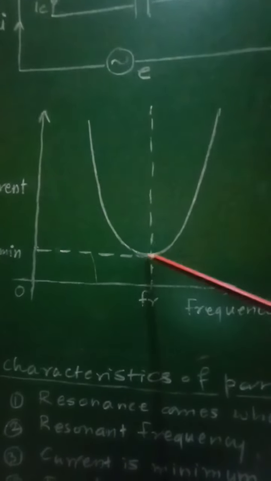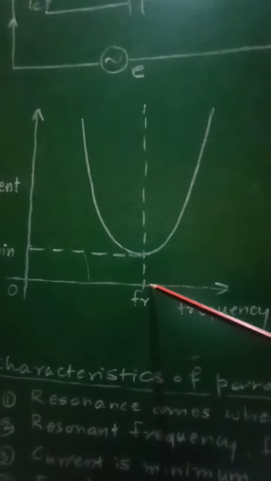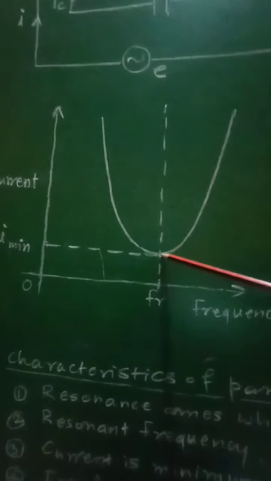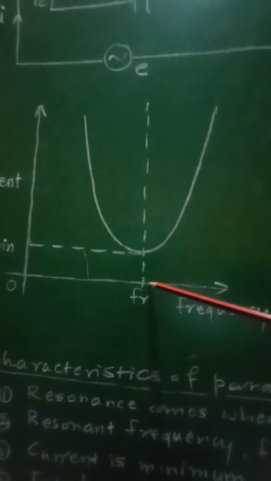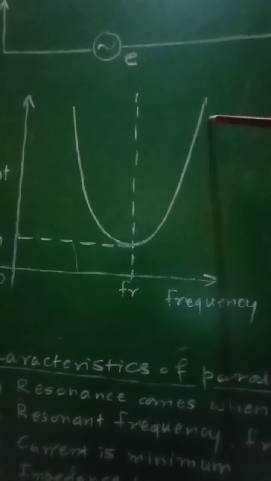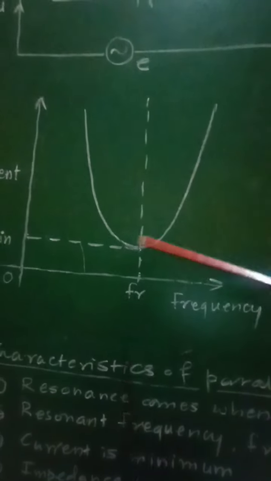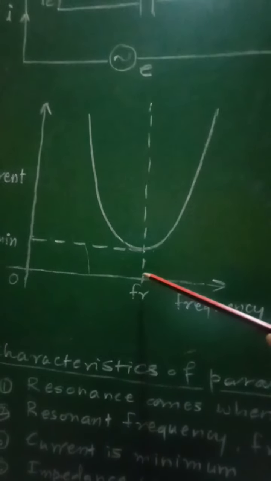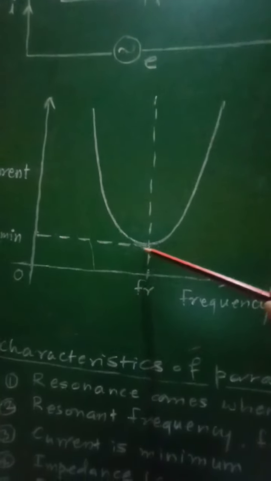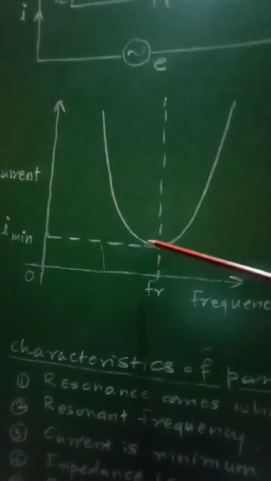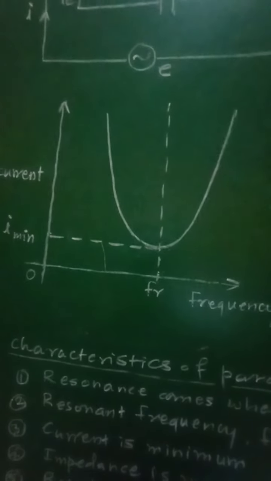At a particular frequency Fr, the current will be minimum, that is I minimum, and beyond Fr, if the frequency is increased, then again current will increase. Therefore in case of parallel resonance circuit, we can say that at a particular frequency Fr, the circuit rejects the current, that is current becomes minimum.